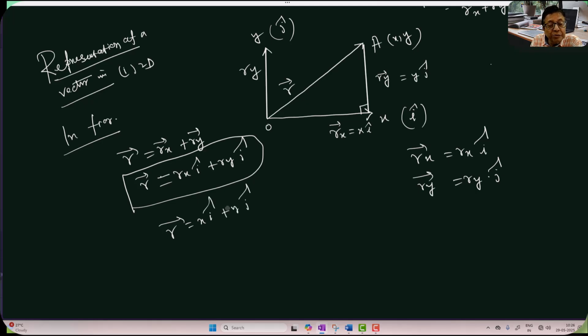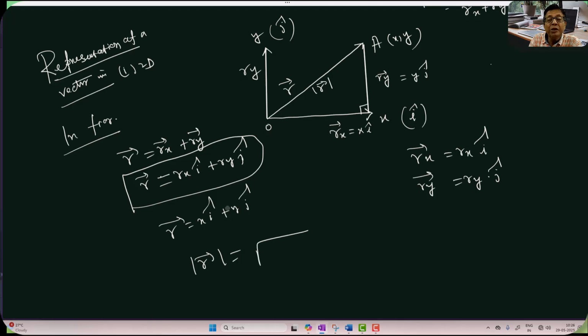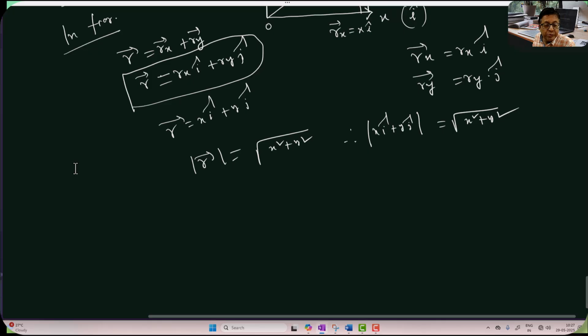So R vector is going to be x i plus y j. This is the representation in 2D. Modulus is what? Length of the vector. Length of this side is the modulus. By Pythagoras theorem it is x square plus y square. Hope you understand. So we write mod of x i plus y j equal to under root x square plus y square. Clear?